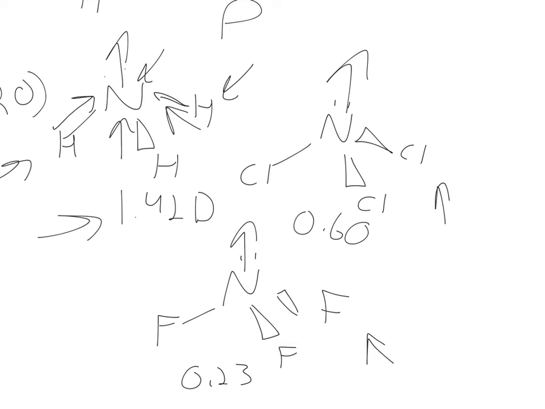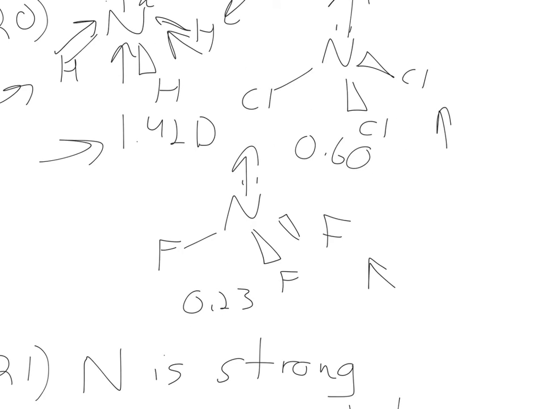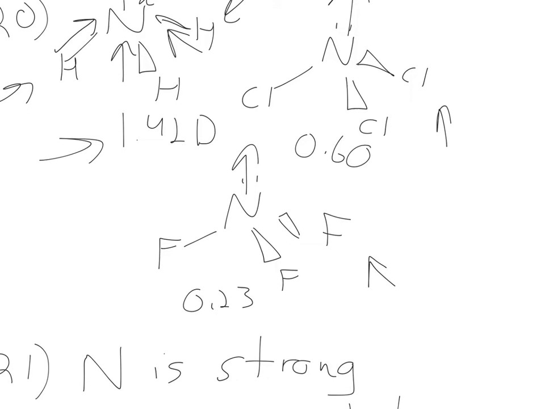In the Cl, there are no extra arrows, because remember NCl was not polar, they both have the same electronegativity, but here the fluorines are pulling this way. And the lone pair pulls up.